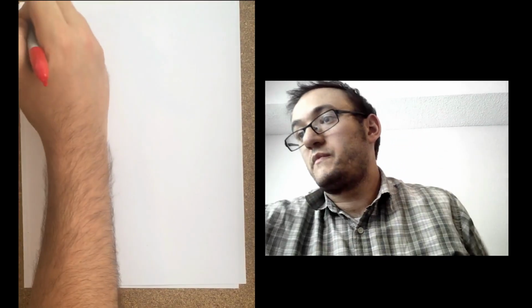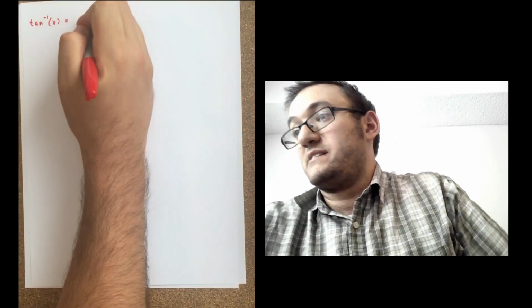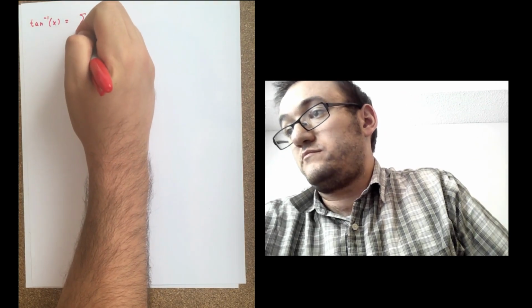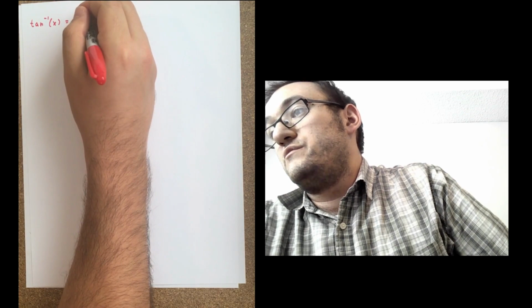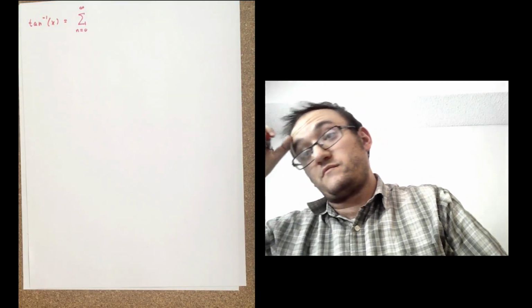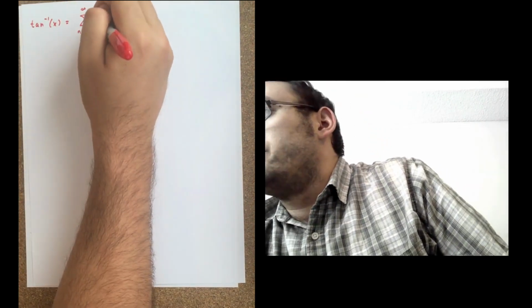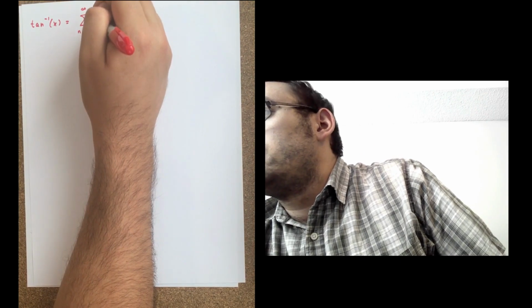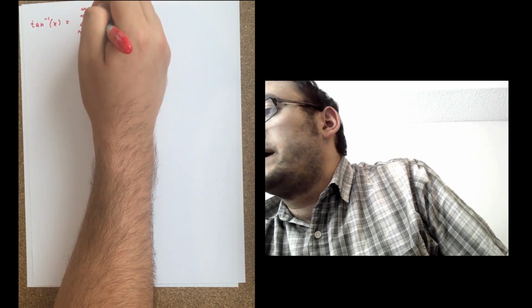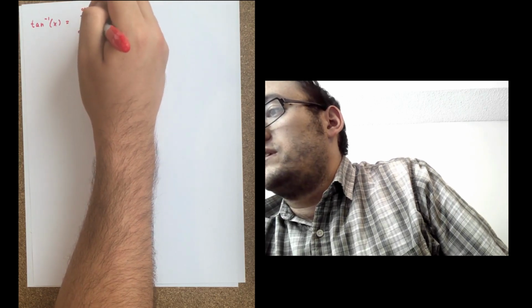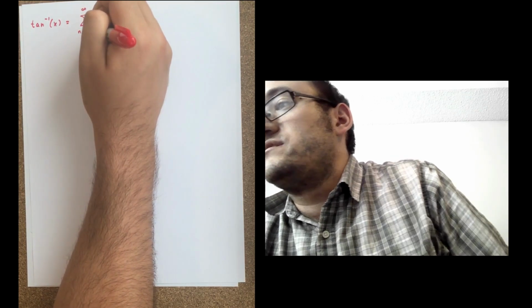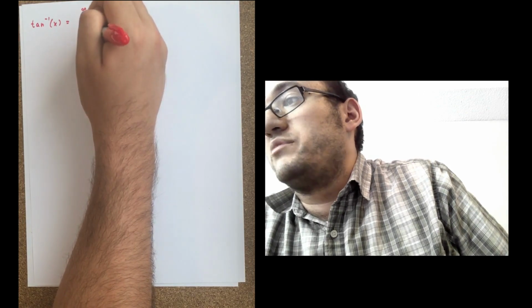So if we have arctangent of x, this is given as the sum from n equals 0 to infinity of minus 1 to the n, x to the 2n plus 1 over 2n plus 1.